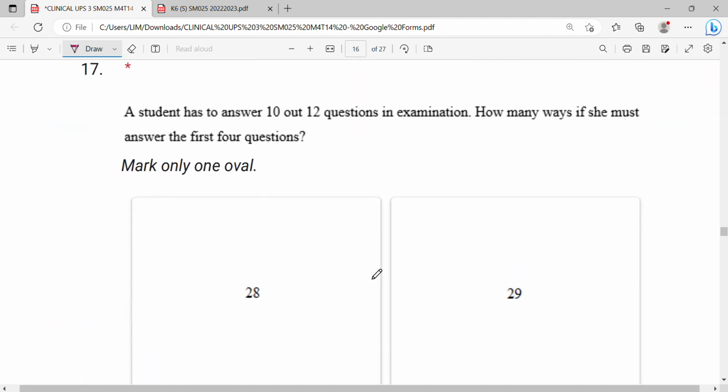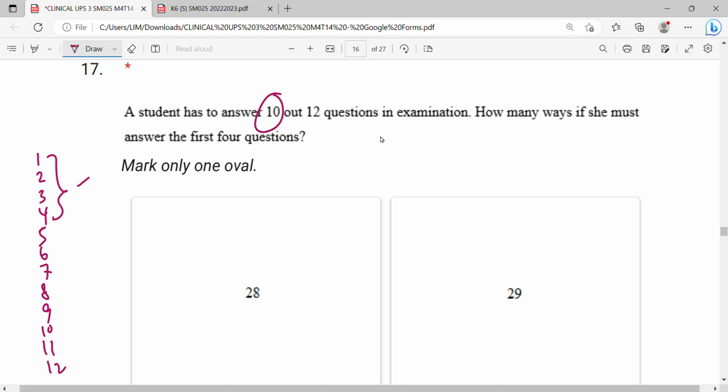Here, answer 10 out of 12 questions. How many ways if she must answer the first 4? So 12 questions. Soalan yang sama macam tadi. You have 12 questions. Must answer the first 4. Ini dah wajib. Tak ada pilihan. Betul?